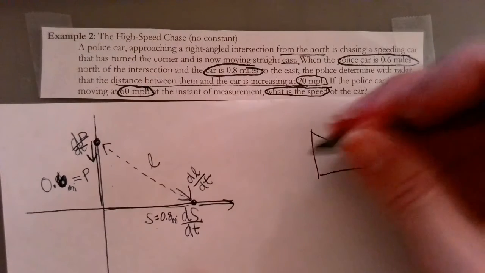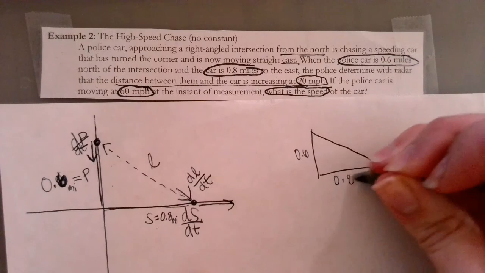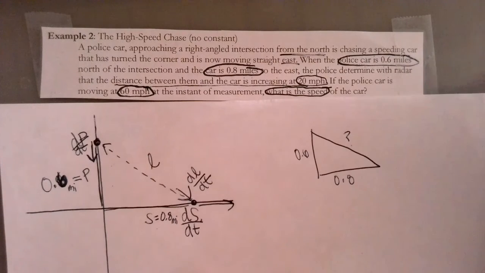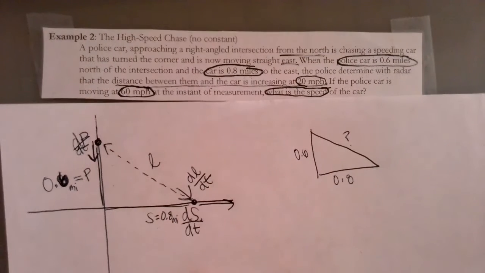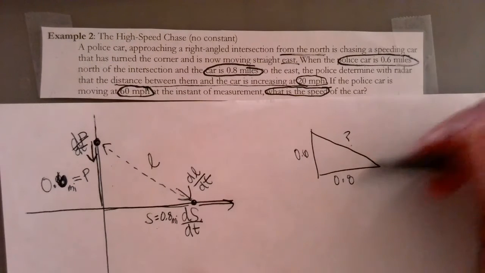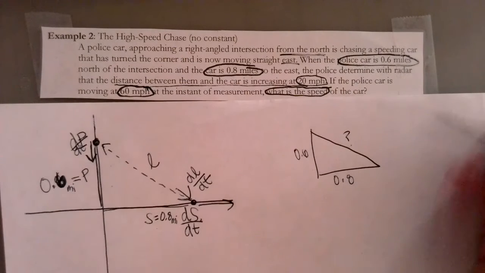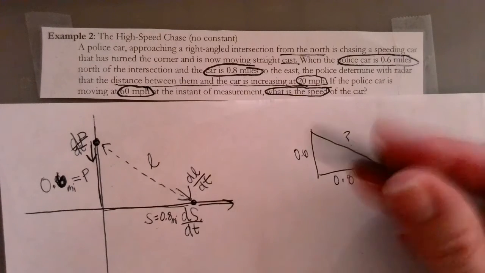Making a triangle, 0.6, 0.8. I can solve for this third side using the Pythagorean theorem. At this point, you should pause the video and compute that yourself. After you have paused the video, in order to solve for this third side of the triangle to find L, I notice that these sides are in proportion.